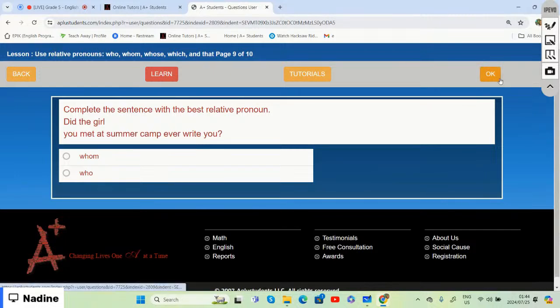It says, did the girl whom you met at summer camp ever write to you? Or do we say, did the girl who you met at summer camp ever write to you? We need to choose either who or whom.